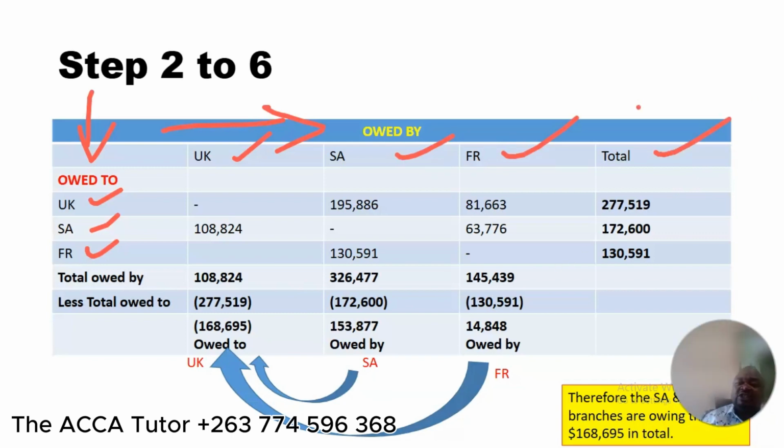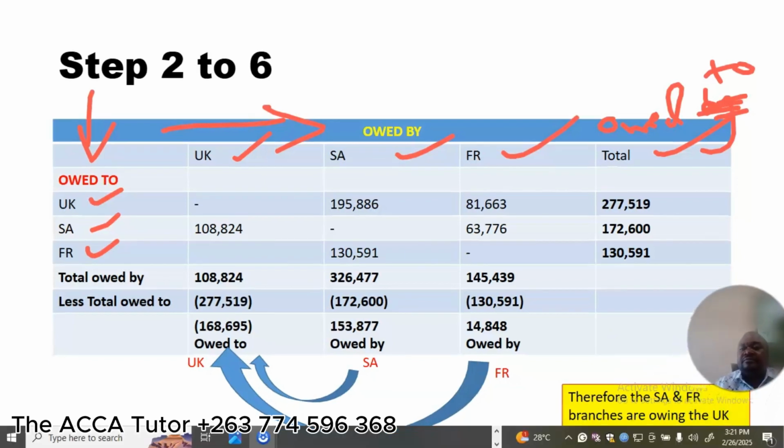So these are the totals for the owed by. Excuse me, it's actually not owed by, but owed to. So that's the owed to total. Now, the totals will make sense.